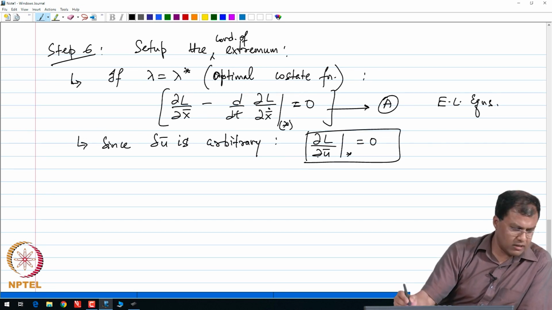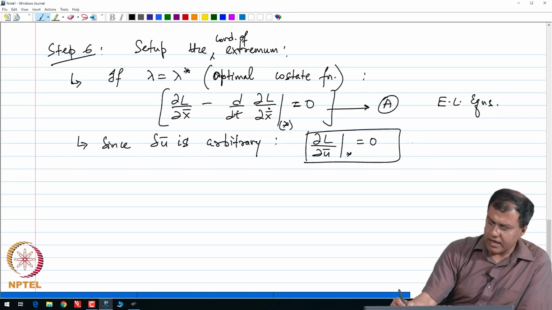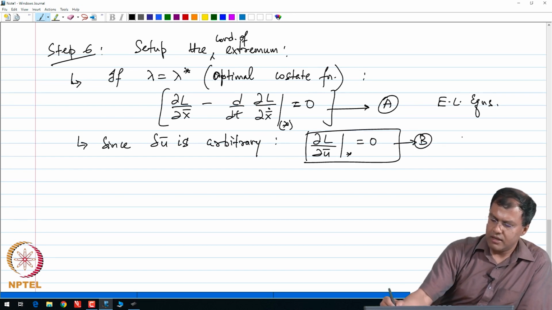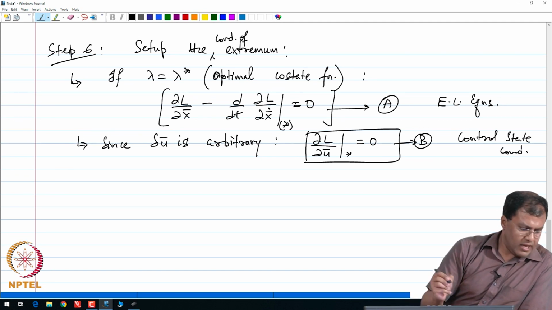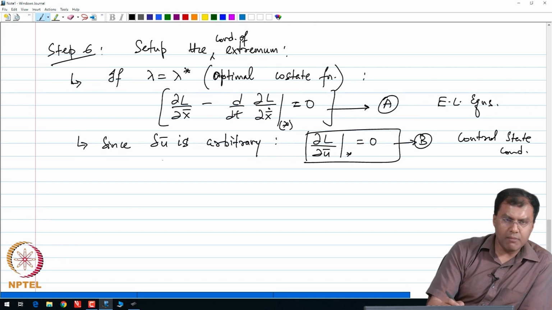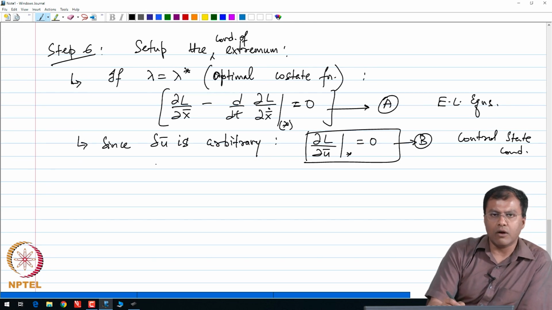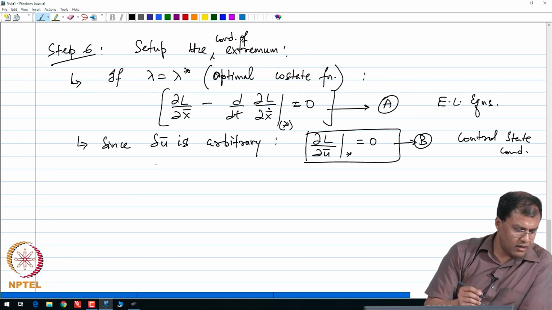Let me call this control condition B. So, this is my control state condition, okay, and then all I am left with are the two terms sitting outside the integration limit.